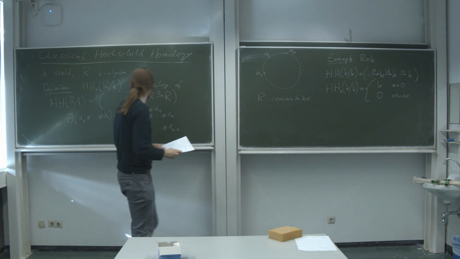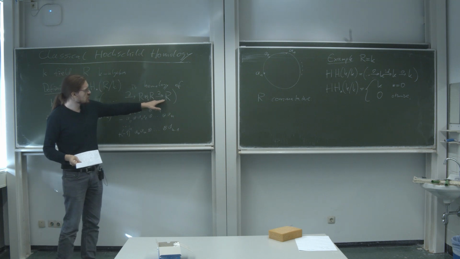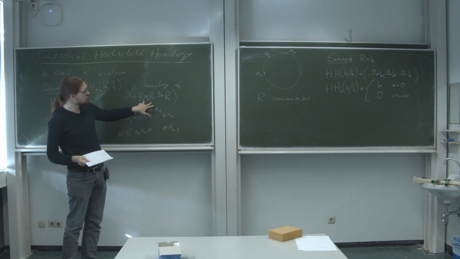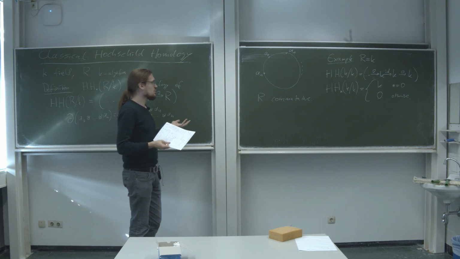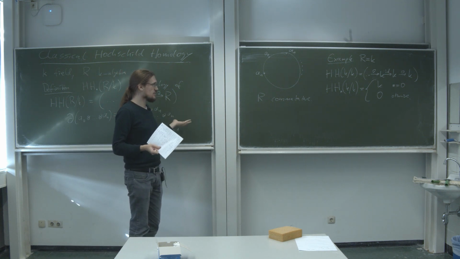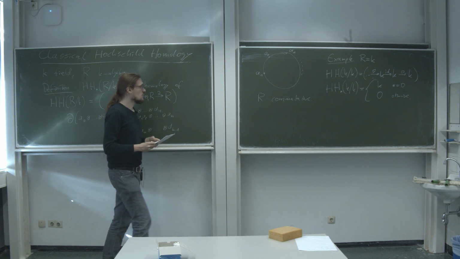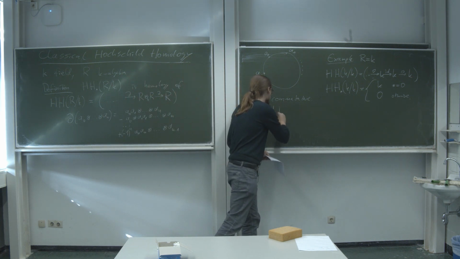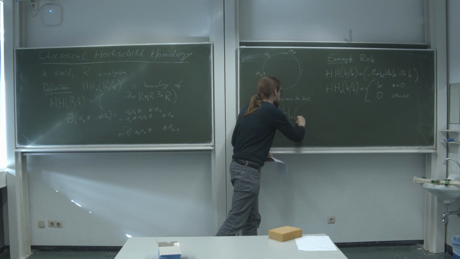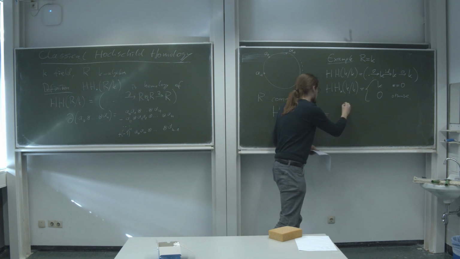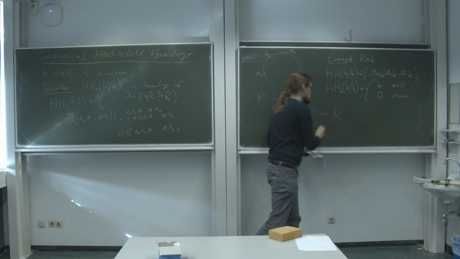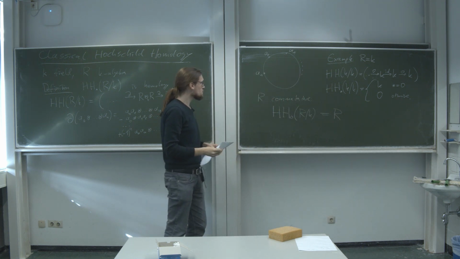Then this first differential here that takes A tensor B to AB minus BA, which in the commutative case is just 0 always. So we immediately get that the 0th Hochschild homology group in this case is just R itself.